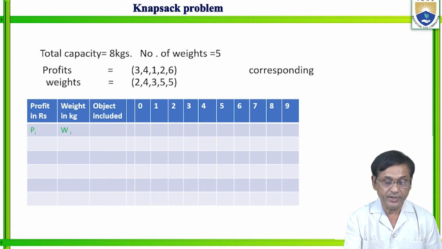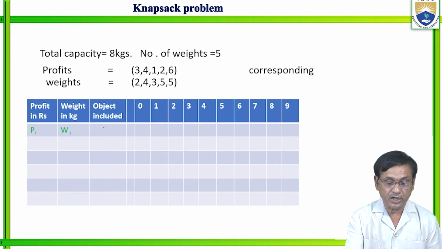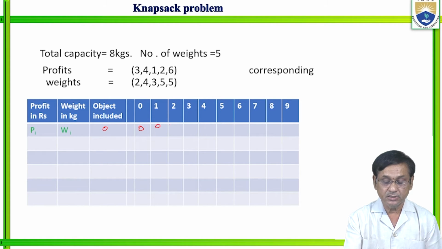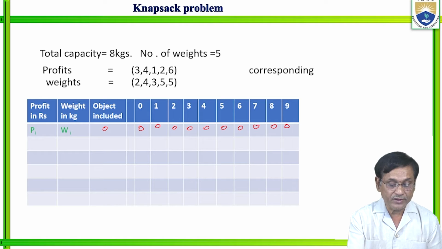In the same way, when there is no object, that means no object is included, then the corresponding profits are 0, 0, 0, 0, 0, 0, 0. Now, when the first object is included, the weight of that object is 2 and the profit is 3.